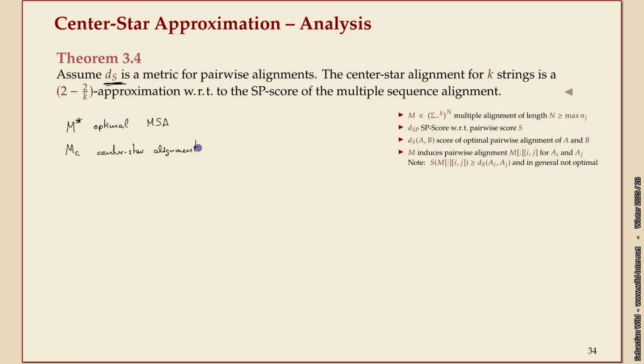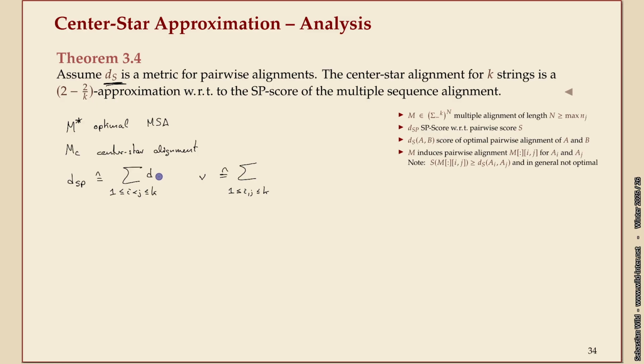And to make the calculations nicer, instead of sum of pairs, I'm doing sum of ordered pairs. What do I mean by that? We said this SP distance corresponds to summing ordered pairs. And let's use V to say I'm summing, well, you can write it I comma J, all the distances.